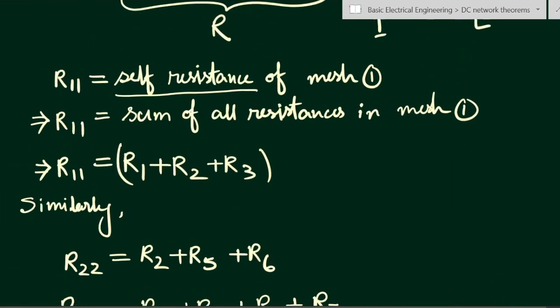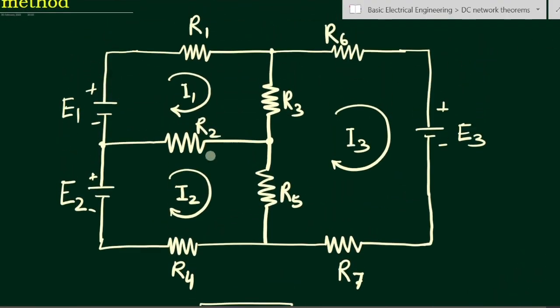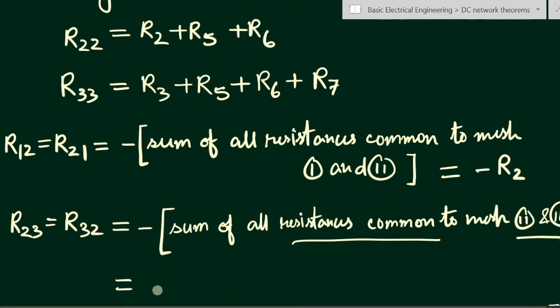This is the second loop and this is the third loop. So this resistance is the common resistance between loop 2 and loop 3. So what will be the value? That is minus R5. So this value will be equal to minus R5.